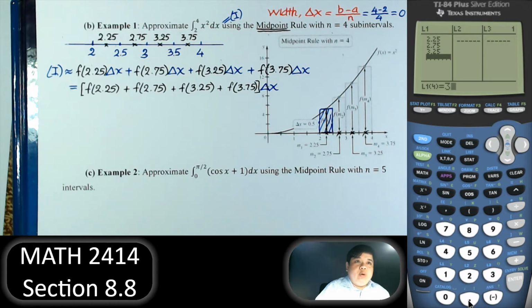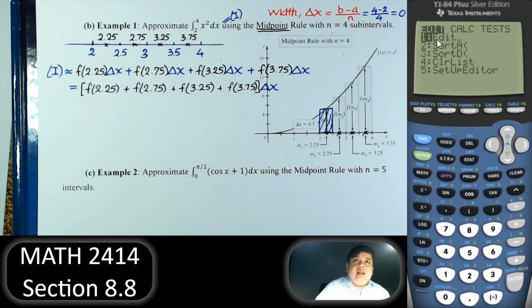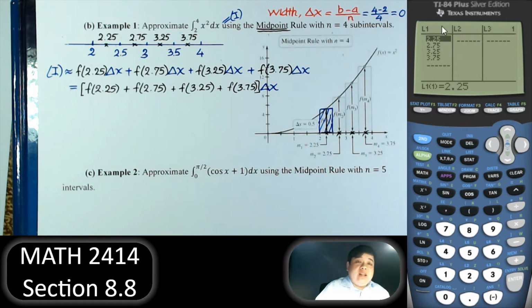When we're done, second mode. By the way, we can use the second parentheses and the comma, or we hit stat and edit and enter the numbers that way. Either way, we have those numbers in list 1.